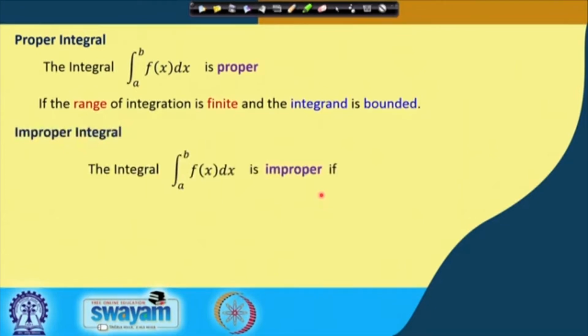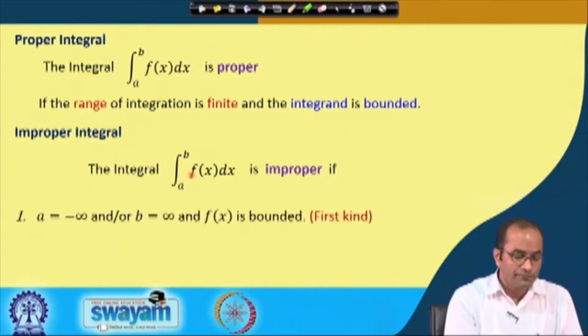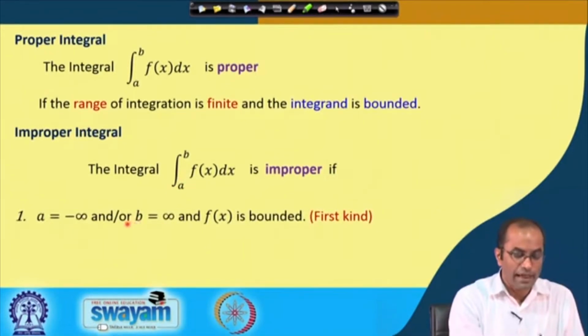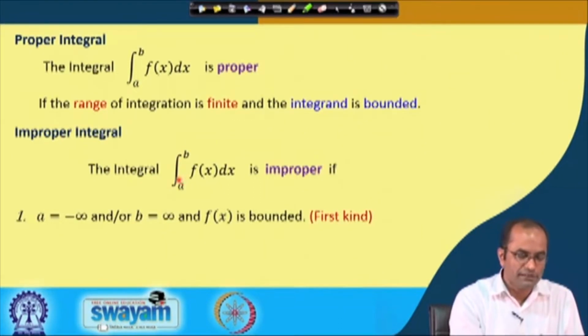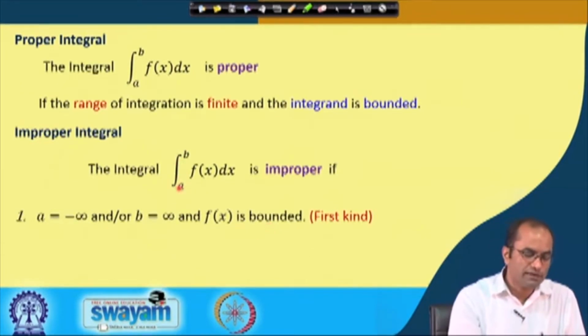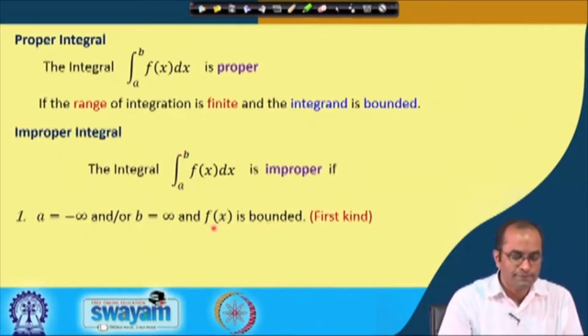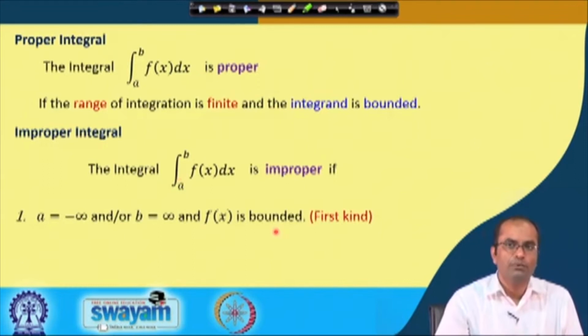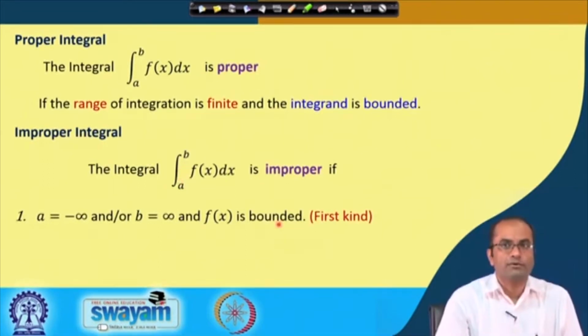So, the integral a to b f x dx is improper if this a is, for example, minus infinity and or b is plus infinity. So, one of them is basically infinity, either a is minus infinity or b is plus infinity, or both a is minus infinity and b is infinity, and this f x, the integrand here, is unbounded at some point in the range of this x from a to b.